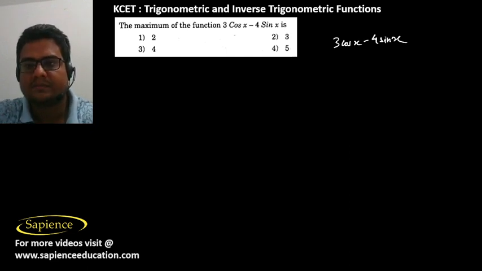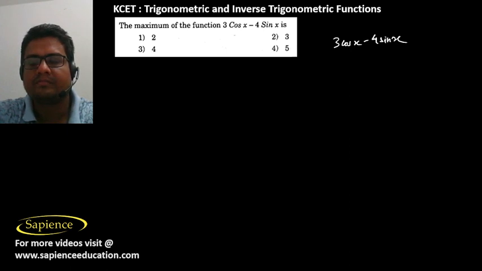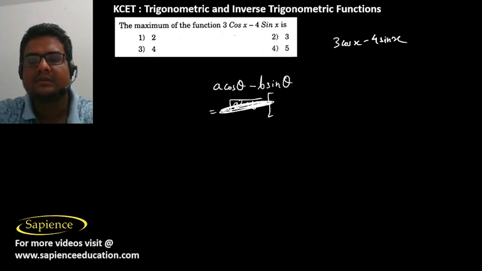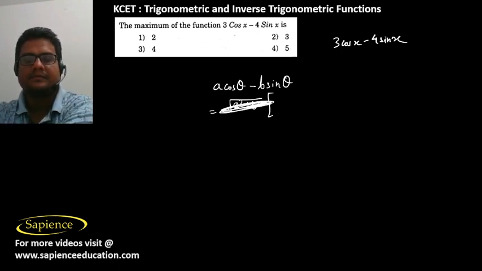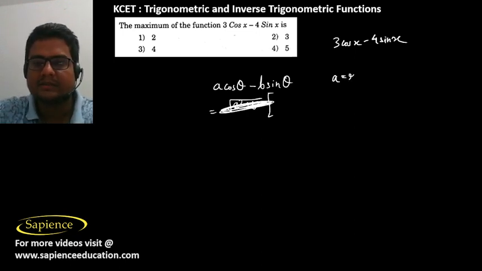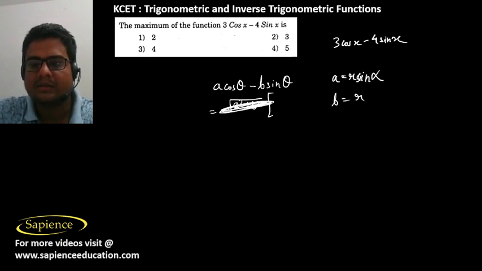So we know the rule: if I have to find the maximum value of a cos theta minus b sin theta, we can write a as r sin alpha and b as r cos alpha.